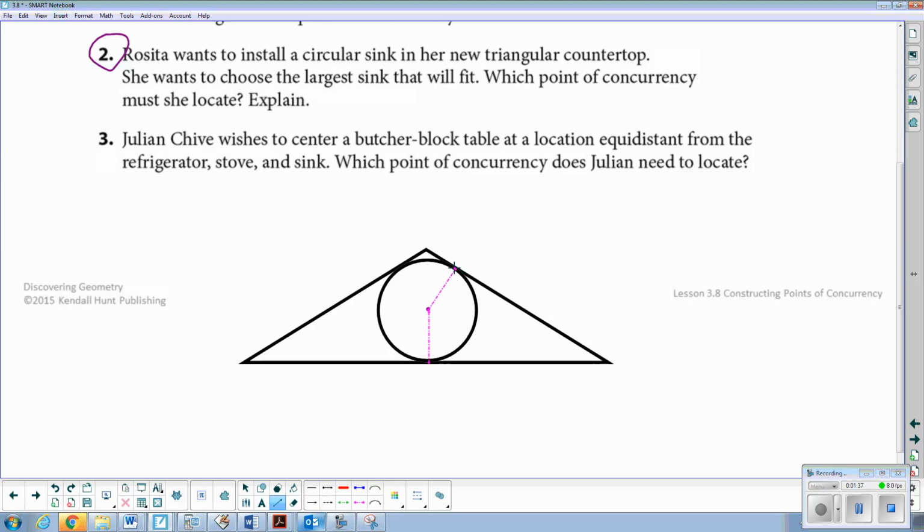And again, we measure distance perpendicular. So our goal for installing our sink is to find the point of concurrency that's equidistant from all the sides, and that is called the in-center.